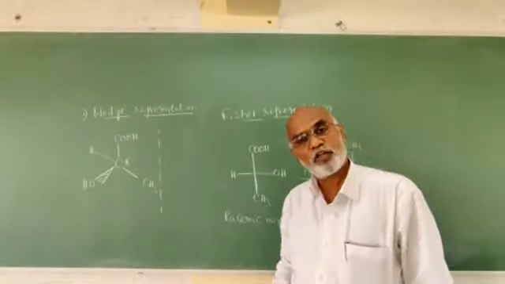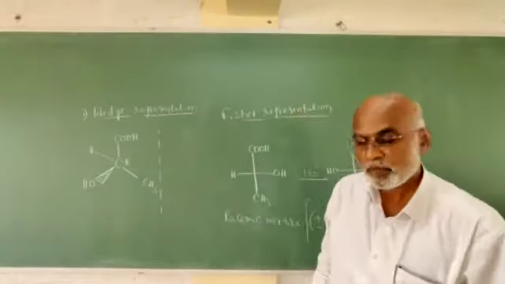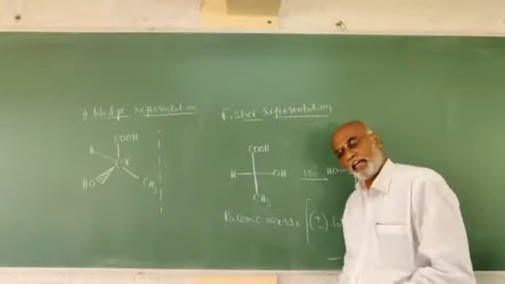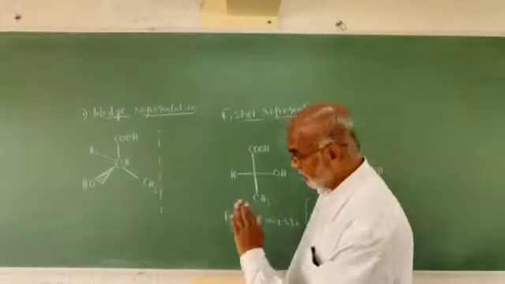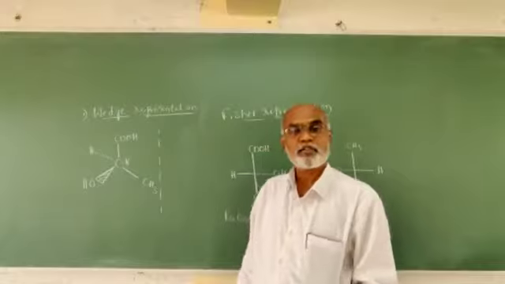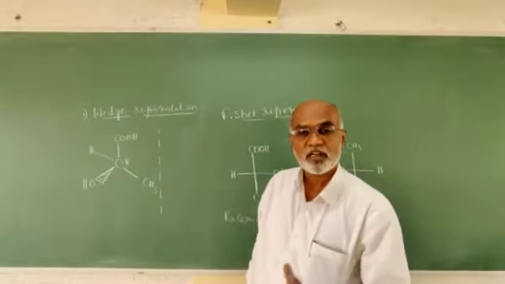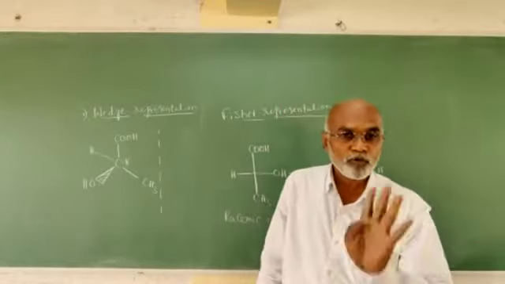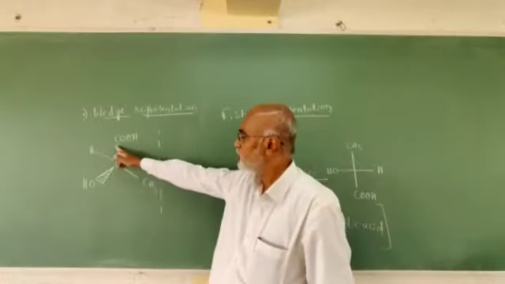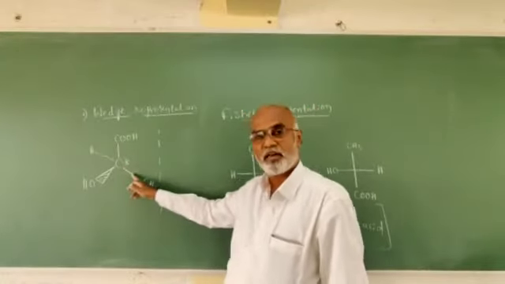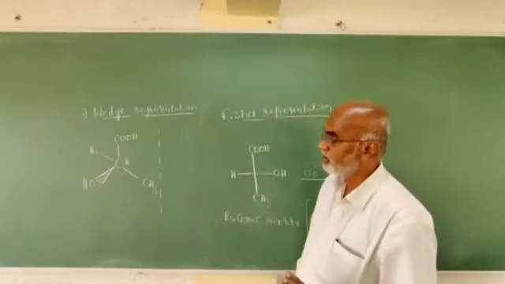Remember, out of 2 isomers, one is on the plane of the board. When you write any molecule, either on the plane of the board or on the plane of the paper, we need to consider it like this. Out of 4 bonds, 2 bonds which are written in the normal manner are on the plane of the board.